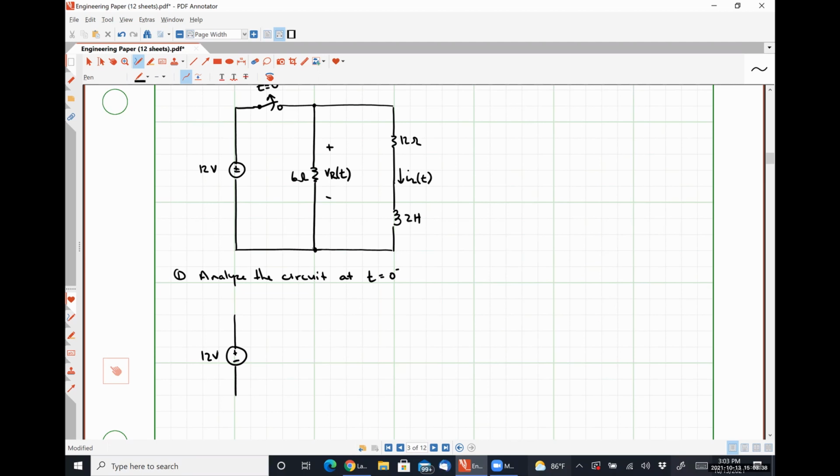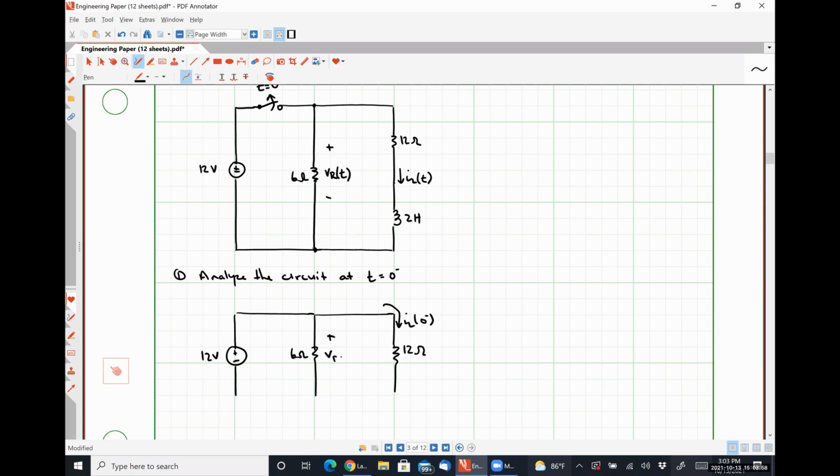A 12-volt source in parallel with a 6-ohm resistor in parallel with a 12-ohm resistor. Here's my current IL at 0 minus.